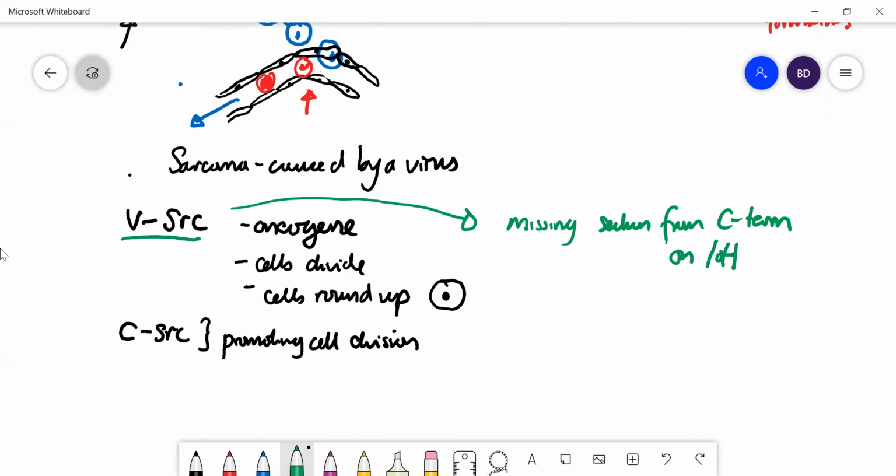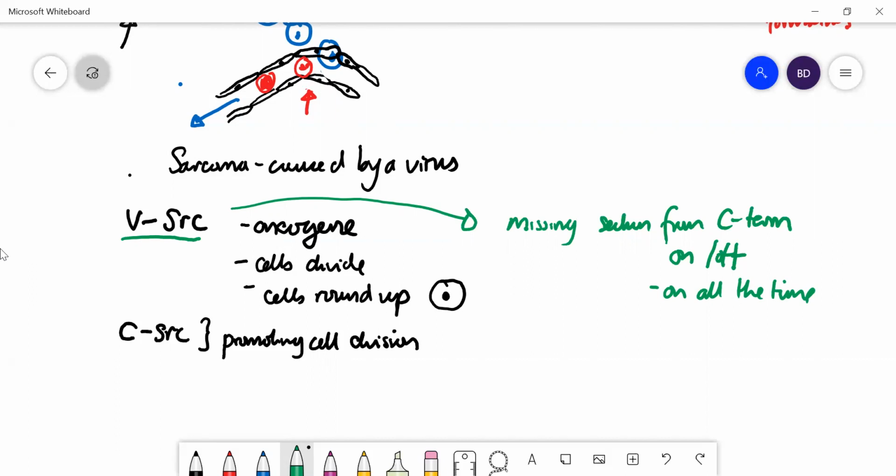So in the viral version, it was on all the time, and so it made cells divide all the time. That was where the first oncogene was discovered.